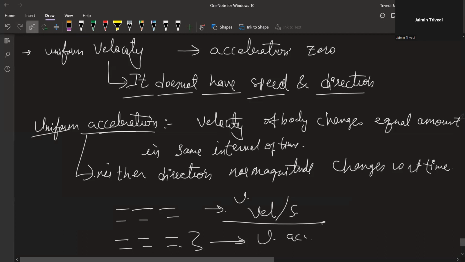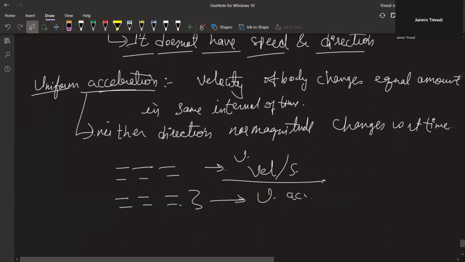So the magnitude is not changing. I'm not talking about velocity magnitude, we are talking about acceleration. It means that the ratio v by t will remain constant. Neither direction nor magnitude changes with respect to time. That's what uniform acceleration means.